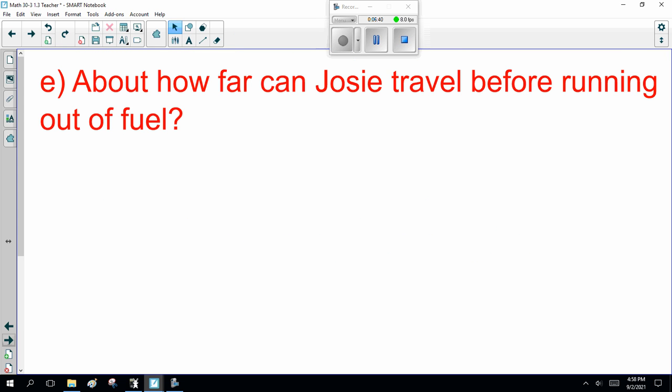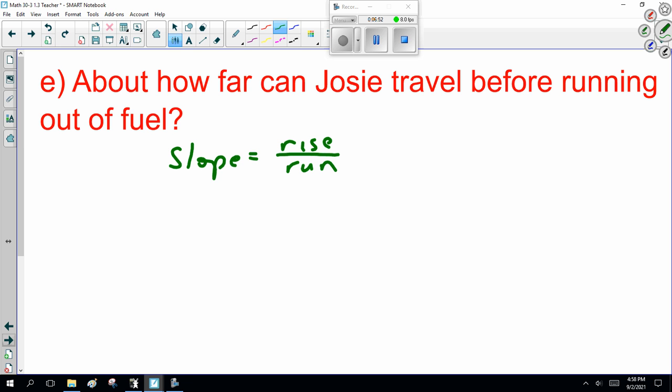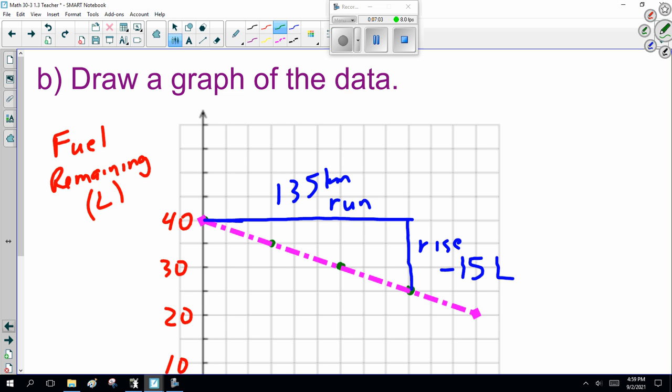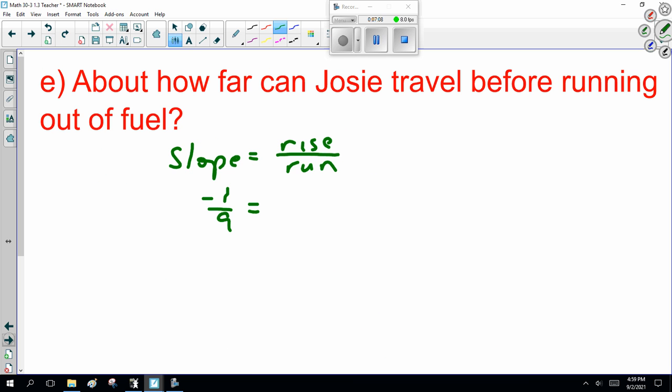Okay. So about how far can Jose travel before running out of fuel? Well, slope is rise over run, minus 1 over 9. The question is, what's the rise and what's the run? Well, we start at 40 liters, and we're going to 0. Run out of fuel, so that would be minus 40 liters over x kilometers.